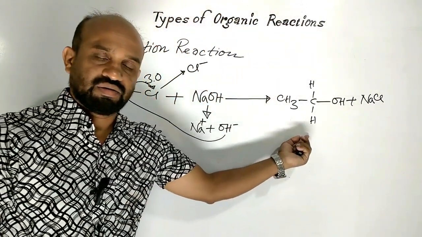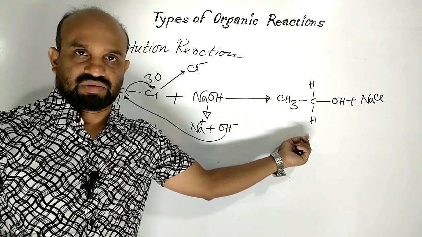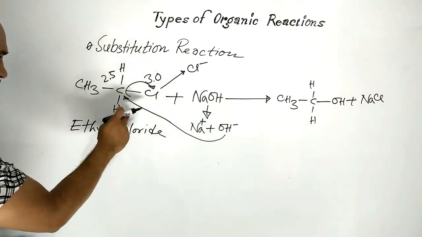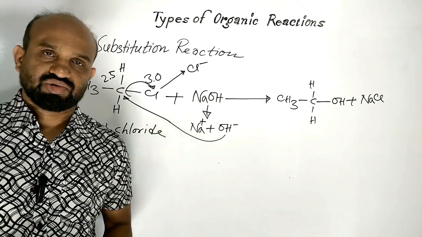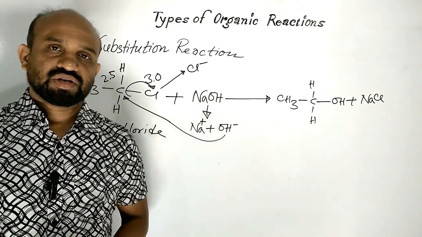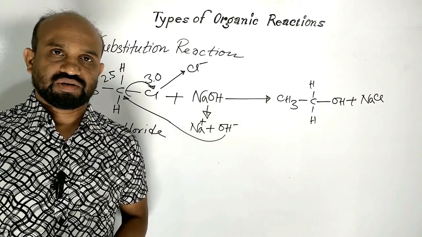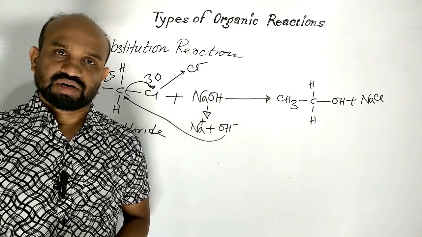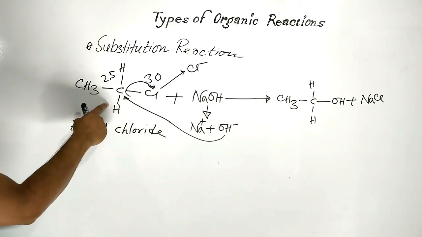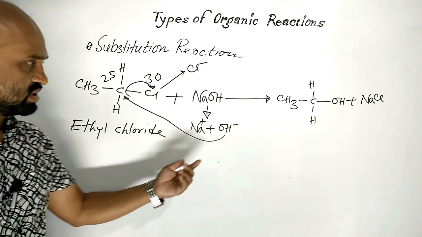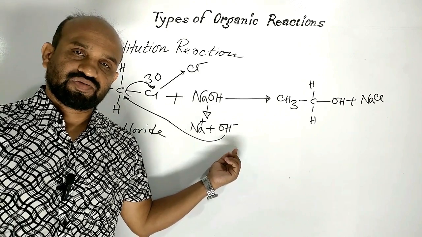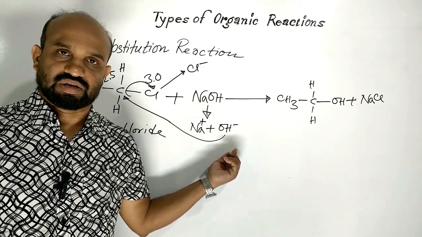In this reaction, substitution occurs. So, this reaction is a kind of substitution reaction. Definition of substitution reaction: the reaction in which one atom or radical from an organic compound is substituted by a more active atom or radical.